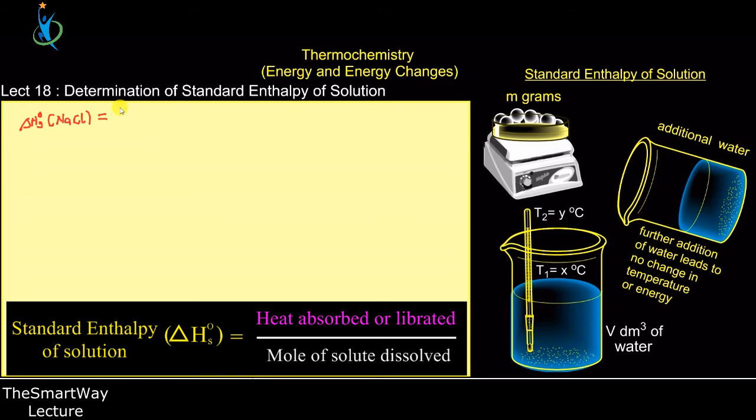So here we are going to look at the heat absorbed, that is if it absorbs heat, or the heat liberated, because there are two types of salt. Some salt will absorb, some salt will liberate, and so we are going to get heat absorbed or liberated.